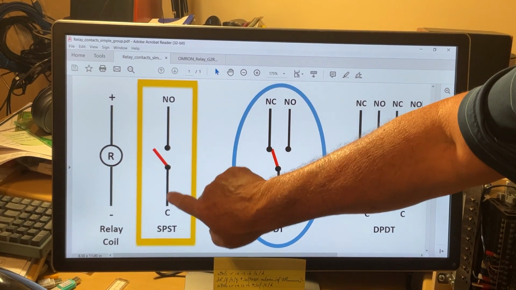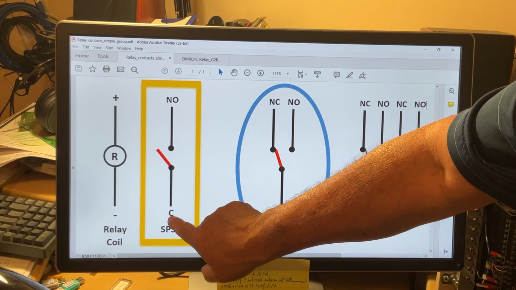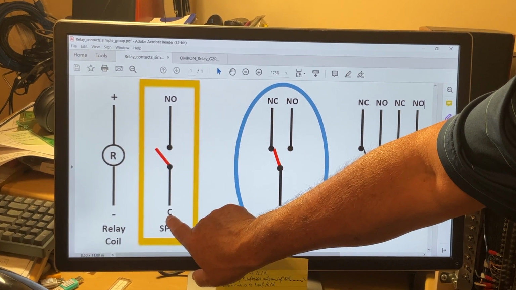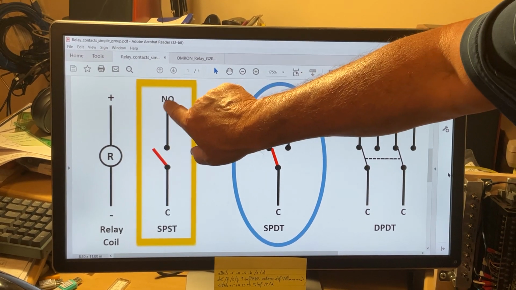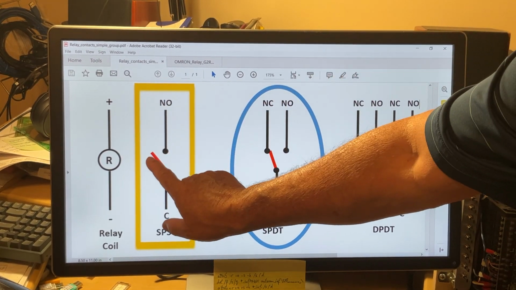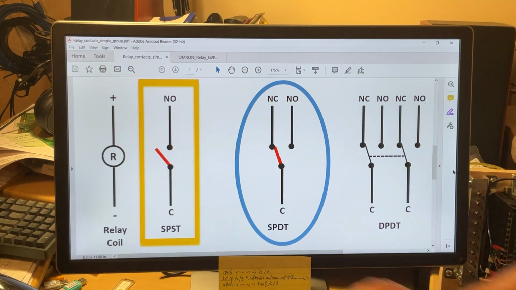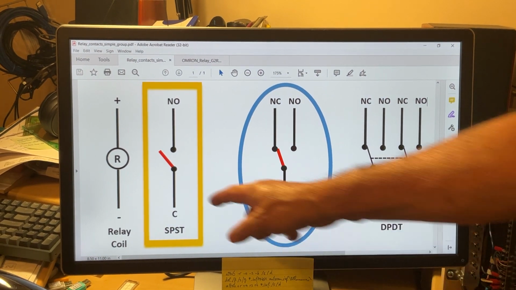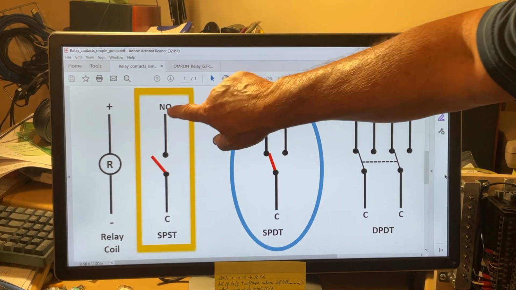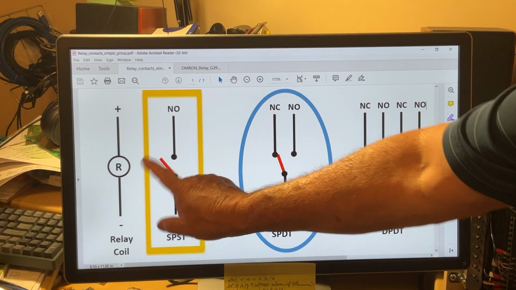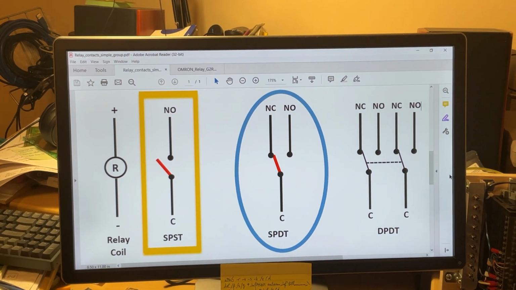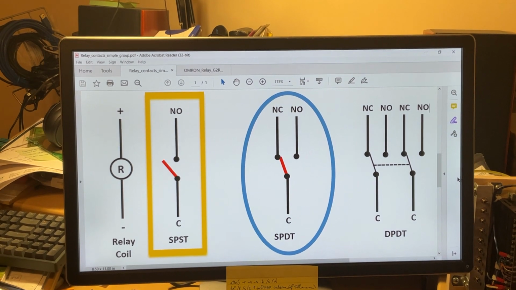And the wire coming out of this pole is called common, so the letter C stands for common. And the other one is the normally open contact. So when the coil is energized, then that pole is moving and closing the contact. Imagine here in series with the normally open, you have the load. So by touching the pole to the normally open, you're going to energize the load.